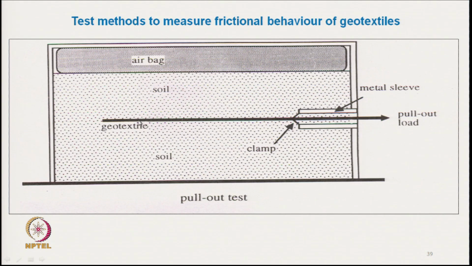Here the geotextile is confined between soil on both sides. Then a pulling force is applied, and depending on the frictional interaction the pulling force will change. So, from this pulling force we can calculate the interaction between the geotextile and soil.